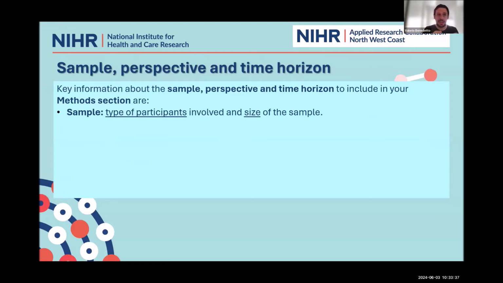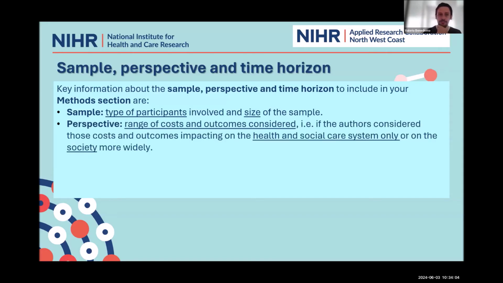In the sample, we might have some additional inclusion criteria we need to consider. So, for example, people with stroke who might have mild cognitive issues, or young people attending specific schools, maybe high school or primary school. So you get some more information about the type of participants involved in the study. The size of the sample, quite straightforward, is the number of people included in the analysis.